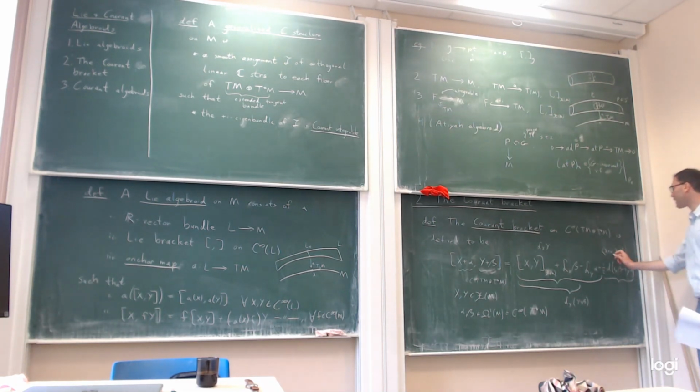But now we're not adding the cross terms, we're subtracting the cross terms, so I'm going to put a negative sign here. And that 1/2 should be understood as part of this canonical antisymmetric bilinear form along the fibers of the extended tangent bundle.